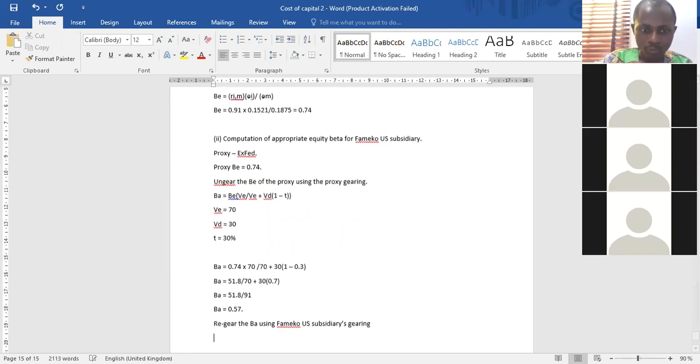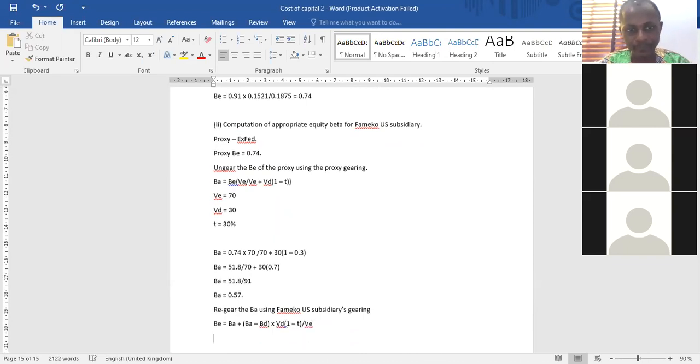So to regear, we want to compute beta of equity. Beta of equity is equal to beta of assets plus beta of assets minus beta of debt times market value of debt times 1 minus tax rate, all over market value of equity.